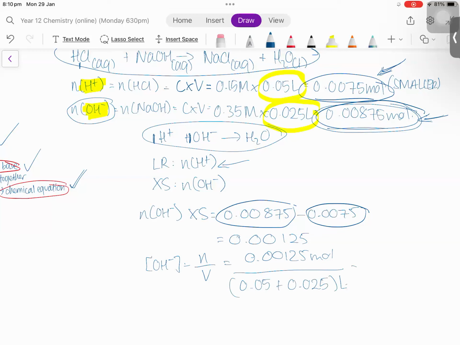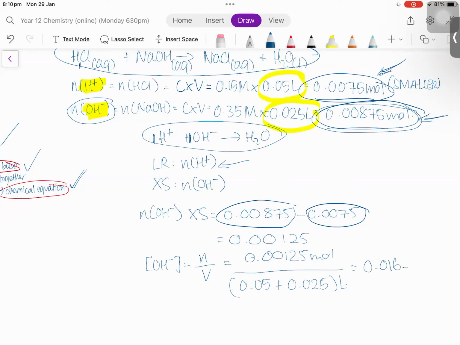What's my concentration, please? 0.016 and then just keeps repeating 6. Thank you. Keep that stored in your calculator.